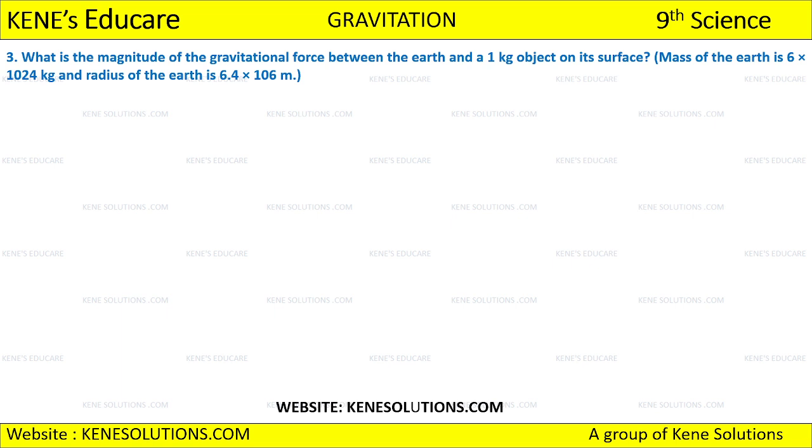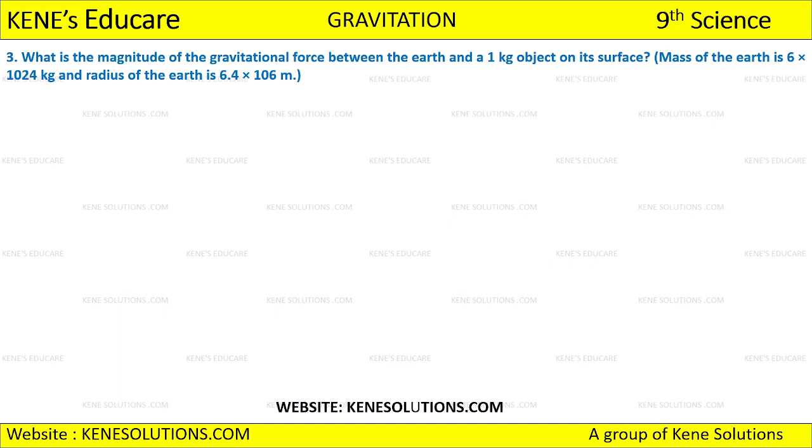And we have to find the magnitude of the force between the earth and the body, so we can calculate that using the formula F is equal to G M m upon r square, the product of the masses upon r square. You know that the mass of the earth, capital M, is 6 into 10 raised to 24 and small m is 1 kg, right?